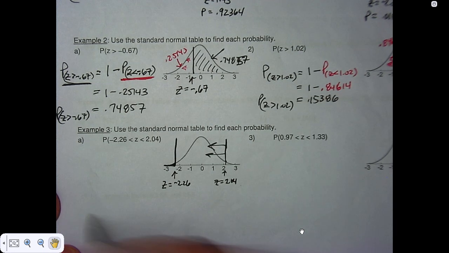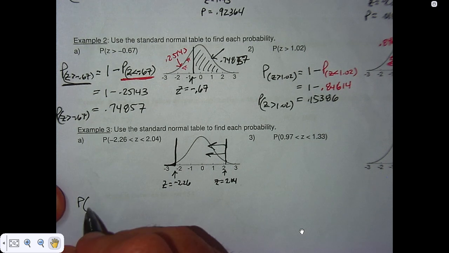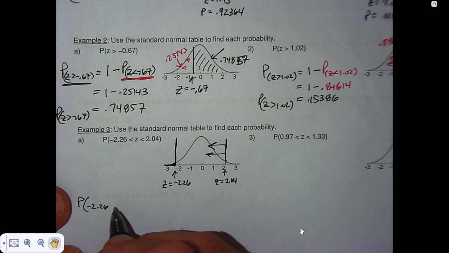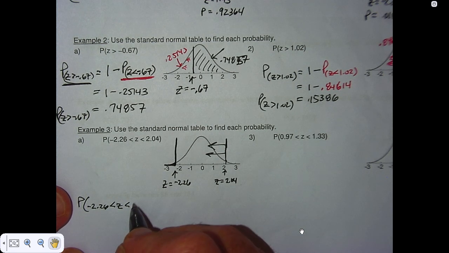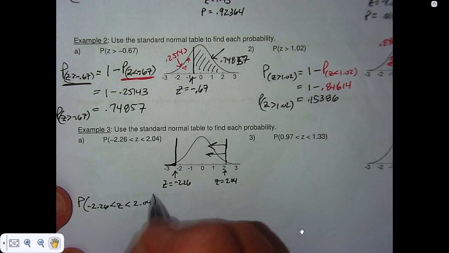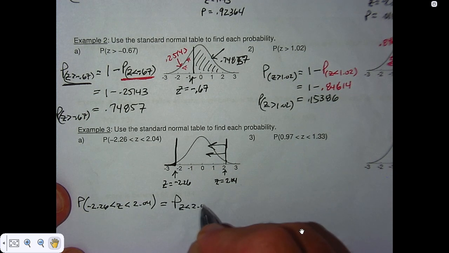So to get the probability of having a z-score between negative 2.26 and 2.04, I'm going to have to first find the probability that my z is less than 2.04.